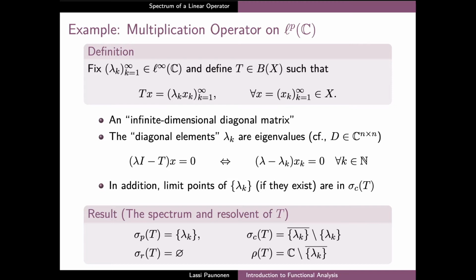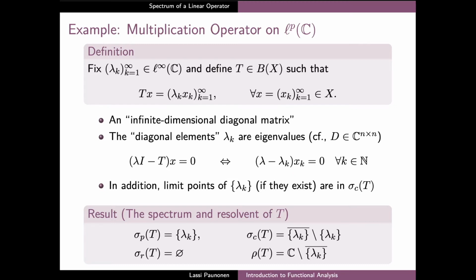Similarly as in the case of matrices, every one of these diagonal elements of T turns out to be an eigenvalue of the operator T. And indeed, the operator lambda I minus T can be non-injective precisely if lambda minus lambda_k is 0 for at least one index k, meaning that lambda is equal to one of the values lambda_k.